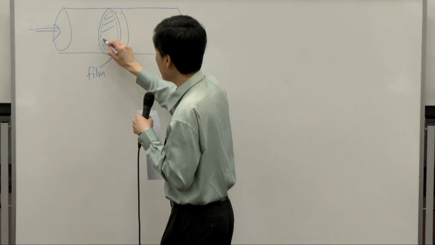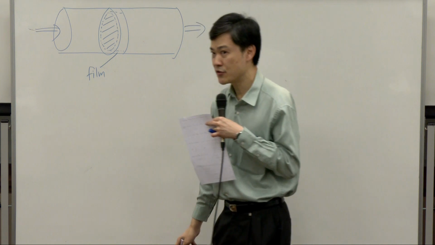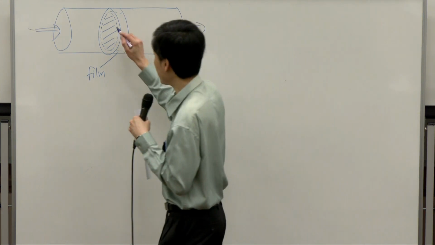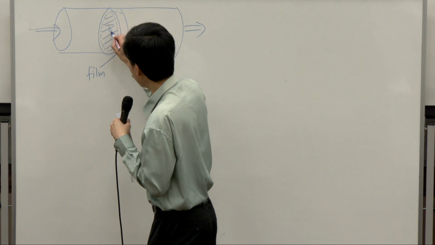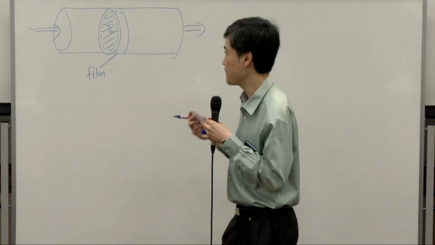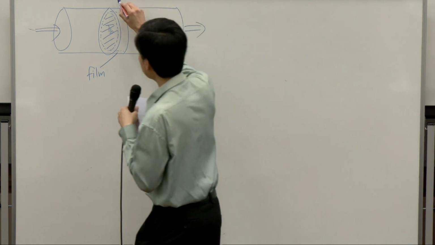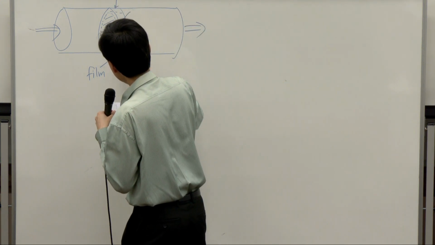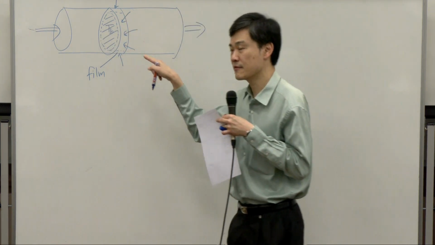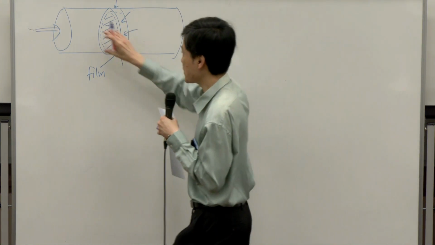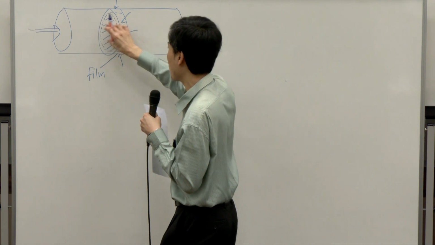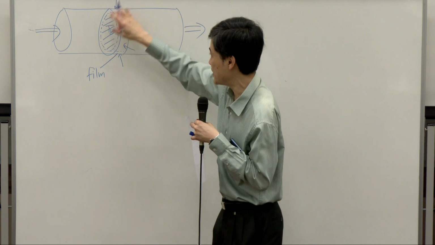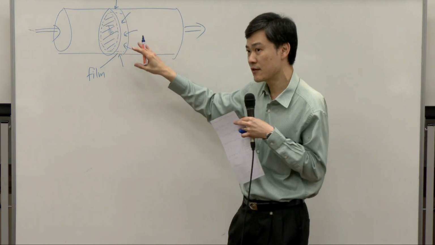Inside this area, temperature remains uniform. It's not a function of position anymore. And temperature here would be my bulk temperature. So if there is heat transfer from outside into this slice, of course, the temperature going in is supposed to be lower than the temperature going out, because you supply some heat and this amount of fluid is heated up.